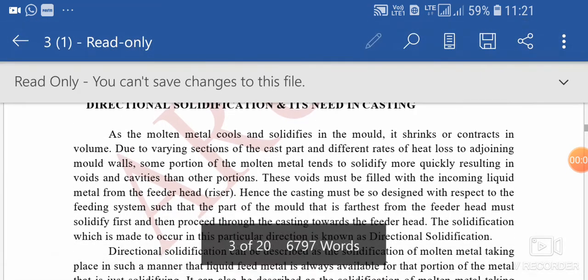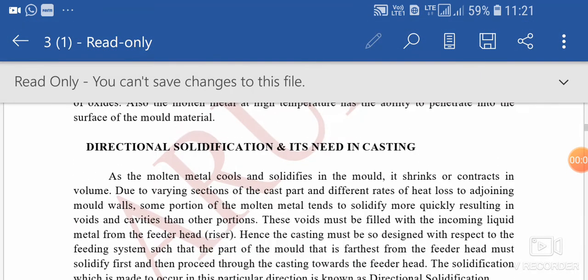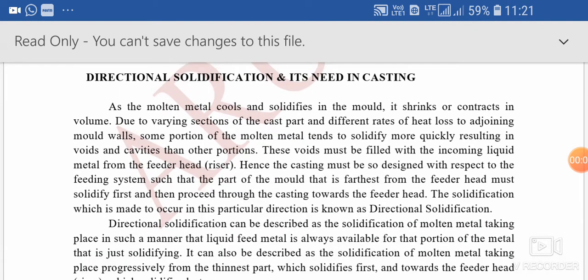Directional solidification and its need in casting. As the molten metal cools and solidifies in the mold, it shrinks or contracts in volume.